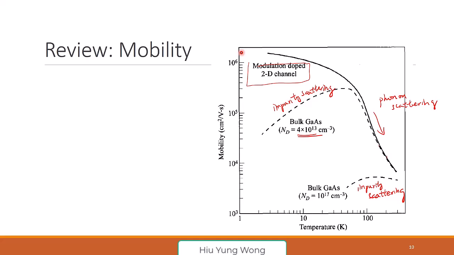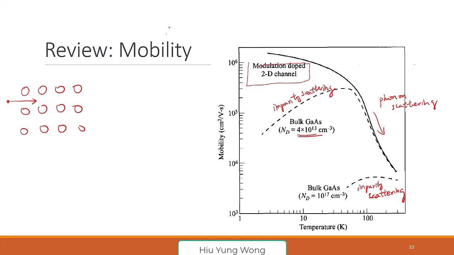Although we don't have much time, I feel that maybe some of you are still not familiar with impurity scattering or phonon scattering. Let's spend a little bit more time on this. These are the lattice you have, and you are the electron trying to travel through. What is the meaning of phonon scattering?